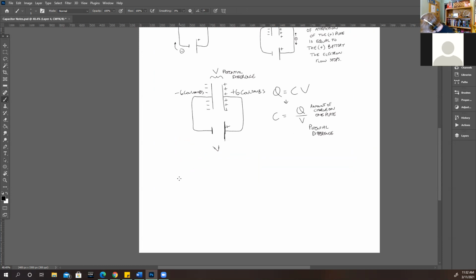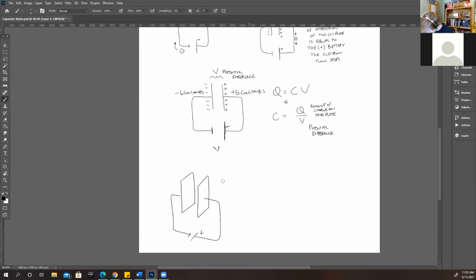So the positive side of the battery is right there, and it's connected to these two large metal plates.